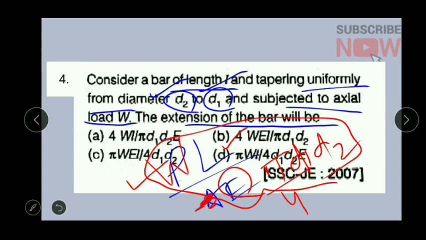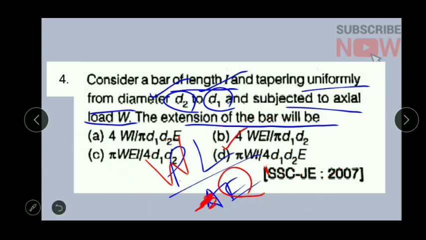If we take this 4 into the numerator, we can write 4WL divided by pi d1 d2 into E. If we check all the options over here, in option number 1 we are getting our answer, that is 4WL divided by pi d1 d2 into E. So here option A will be the correct answer.